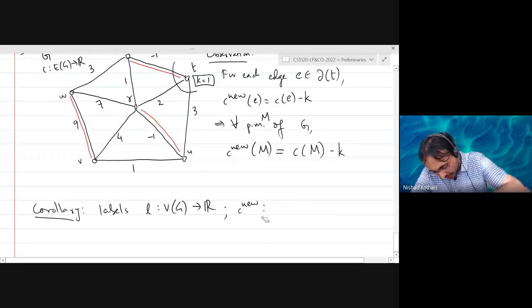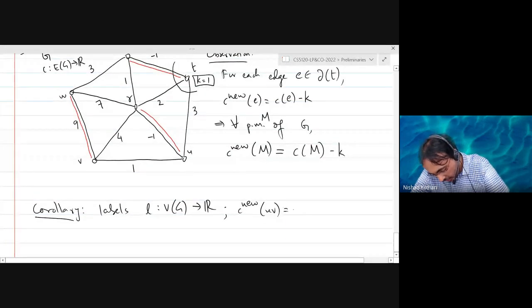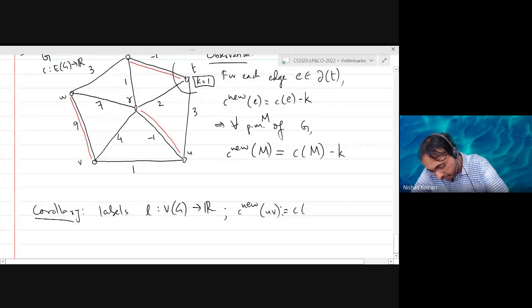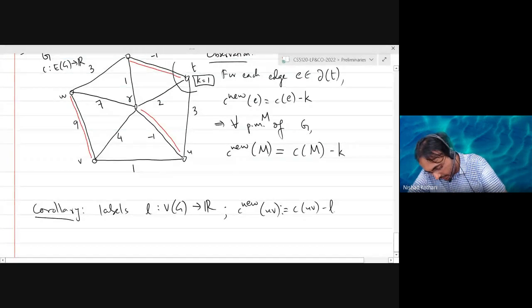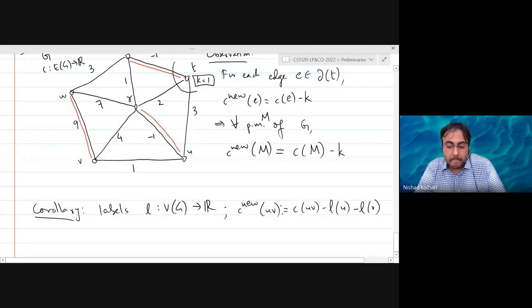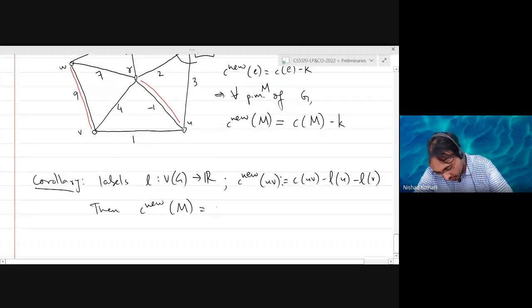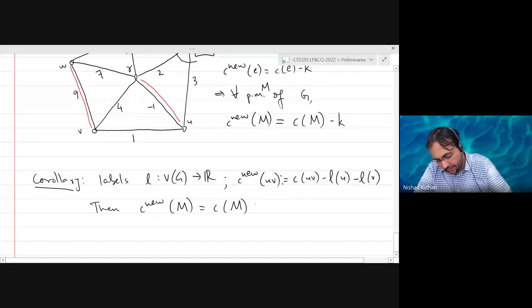So for any edge UV, the new cost of this edge is going to be the original cost minus the label of the vertex U minus the label of the vertex V. Then I claim that the new cost for any perfect matching is going to be the old cost of the perfect matching minus a certain quantity. Can anyone tell me what I should be writing here?